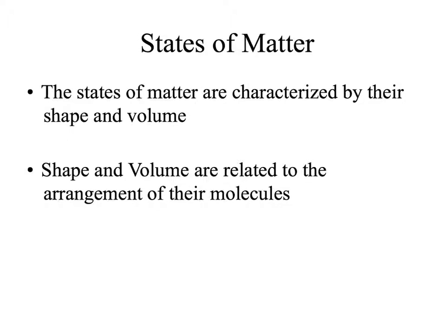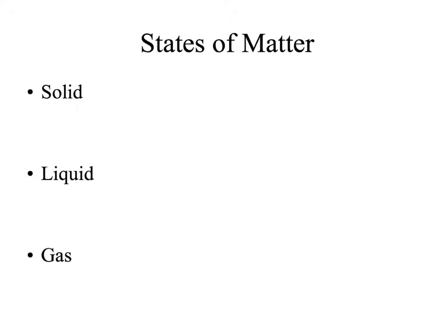So the states of matter are characterized by shape and volume, and we know that the shape and volume are related to the arrangement of the molecules or atoms that are present in each sample. In terms of the actual atoms or molecules in a solid, the atoms are going to be tightly packed.